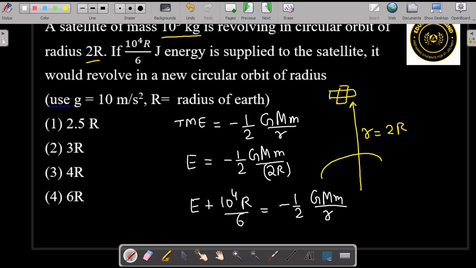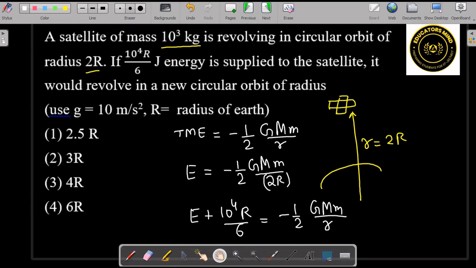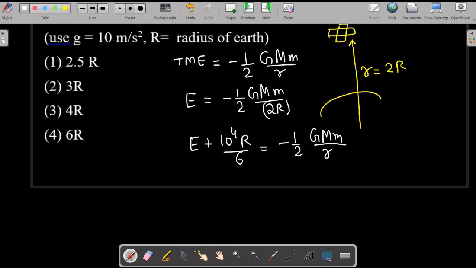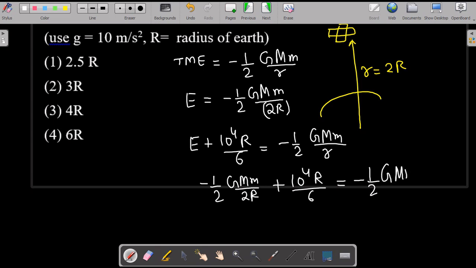Okay, that radius we have to calculate. Now try to calculate this. Substitute this E value: minus half GMm by 2R plus 10 to the power 4 R by 6 equals minus half GMm by r.